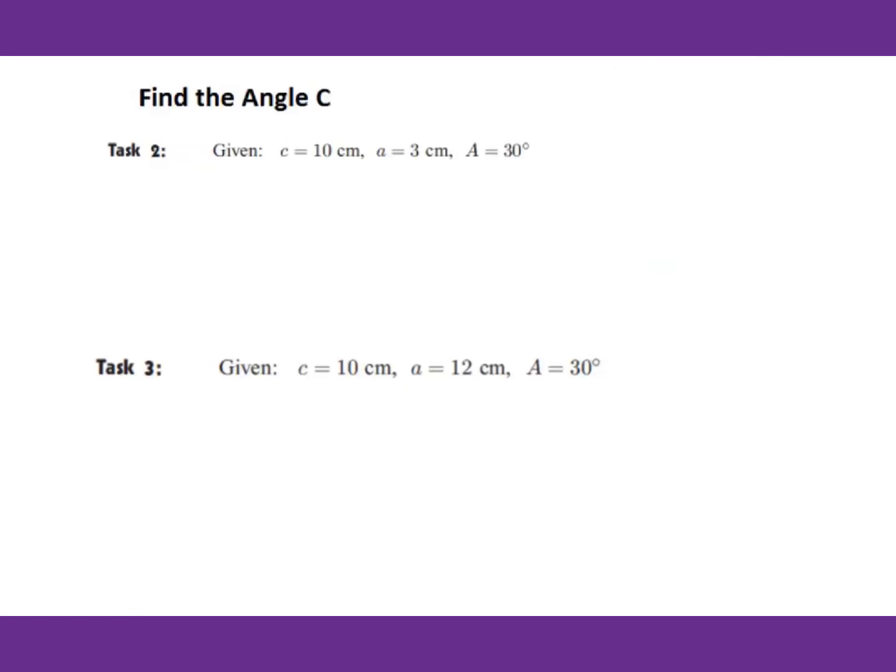Let's go to task 2. Given c, a, and angle A, then we need to figure out this c. First of all, still, I need to draw this triangle. Angle A, this is 10. Then draw the number line. 3 is less than 10. Therefore, we need to figure out this height.